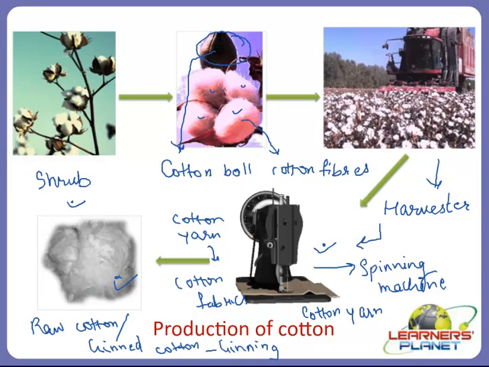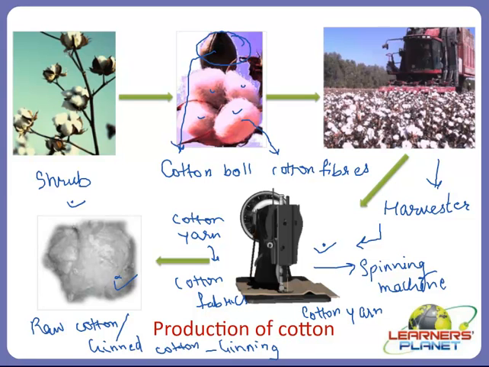So what we can say is that raw cotton and ginned cotton both are obtained by the process of ginning, because ginning is done to separate the cotton fibers from seeds. Always remember this, that the ginning process is done to separate the cotton fibers from the seeds.